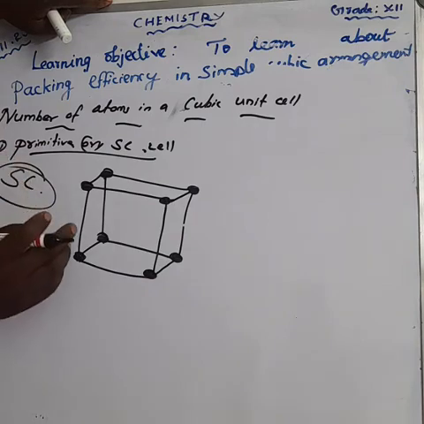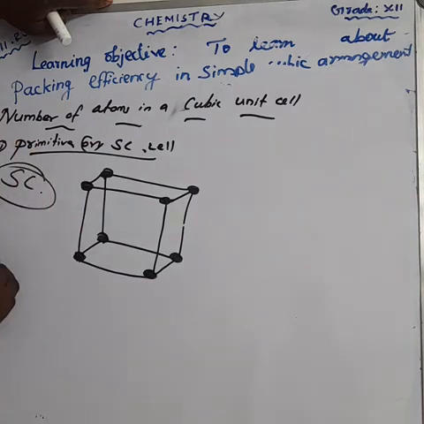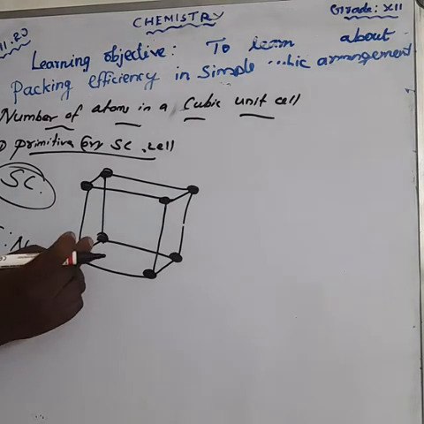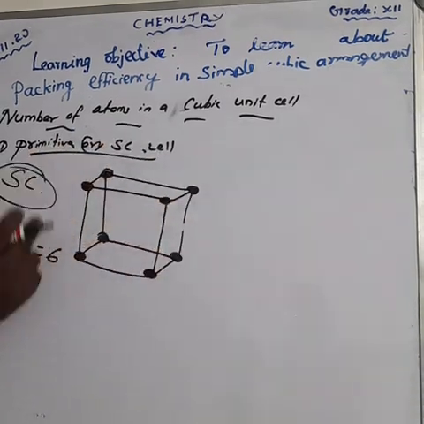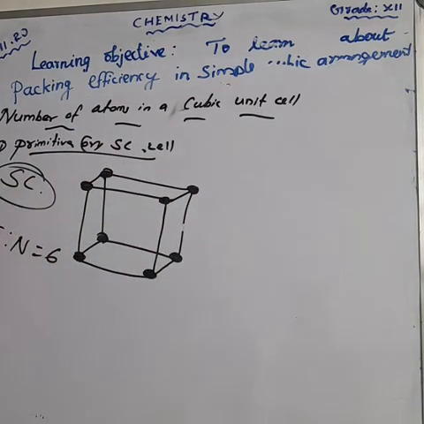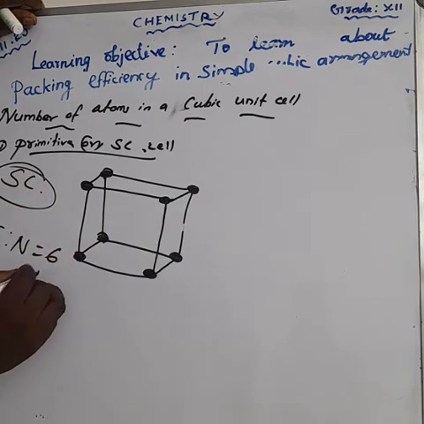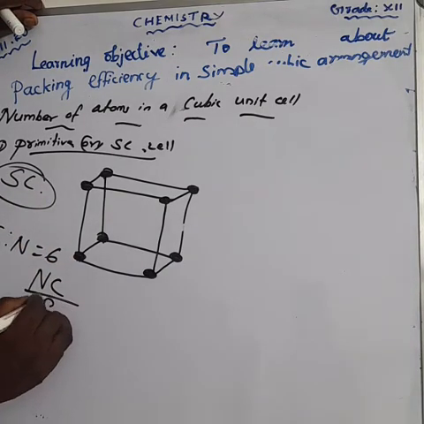Here, what is the coordination number of each atom? The coordination number of each atom is 6. Here, each atom in the corner of the cubic unit cell is shared by 8 neighboring unit cells. Therefore, the atoms per unit cell is equal to NC divided by 8.